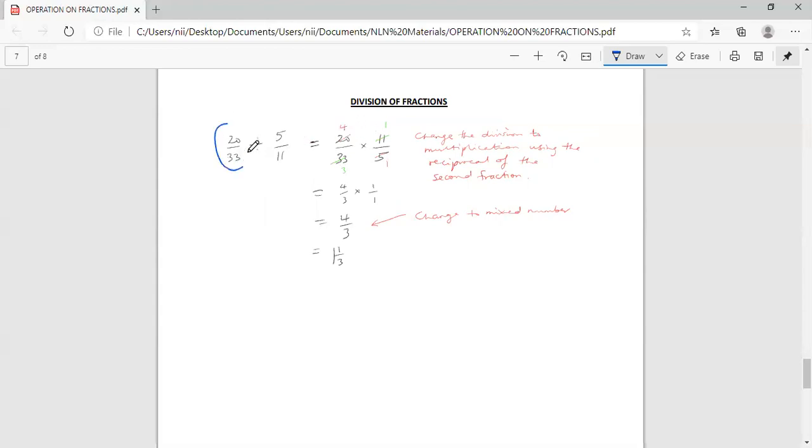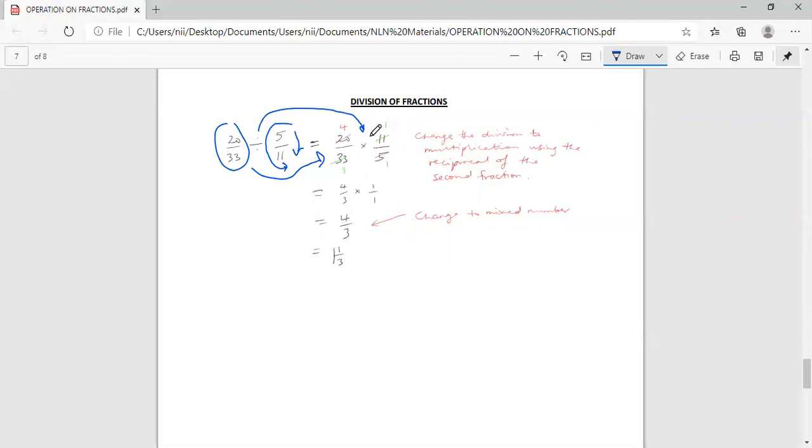Keep that. All right. Then you change the division to multiplication. And then you take the reciprocal of this and multiply. So now it becomes 11 over 5.